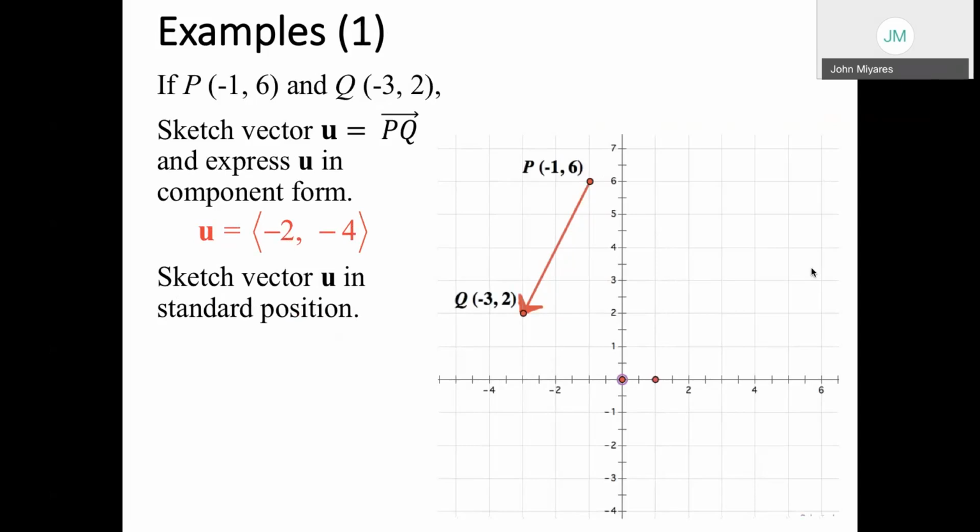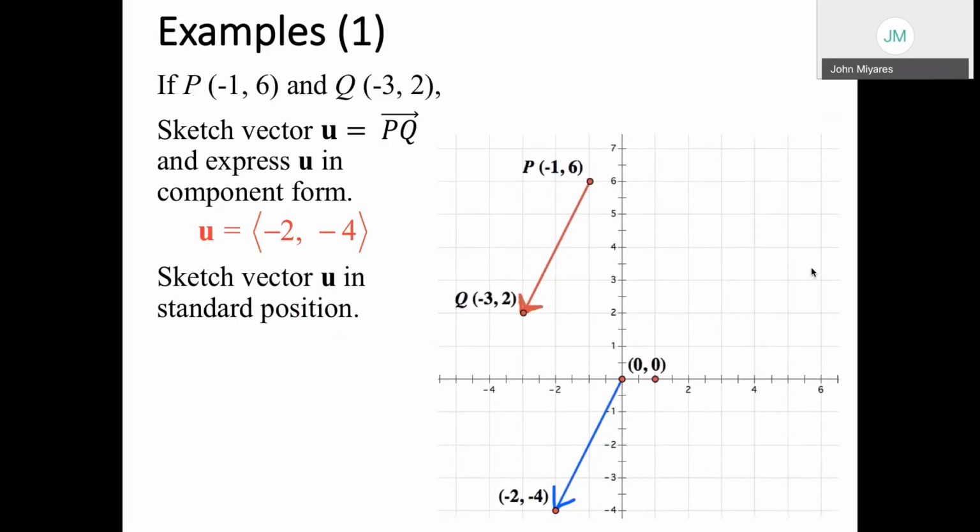For the vector to be in standard position, it must start at the origin and then must end 2 units to the left and 4 units down, which would place the terminal point at the coordinates (-2, -4). From here, we'll connect those 2 points with an arrow.